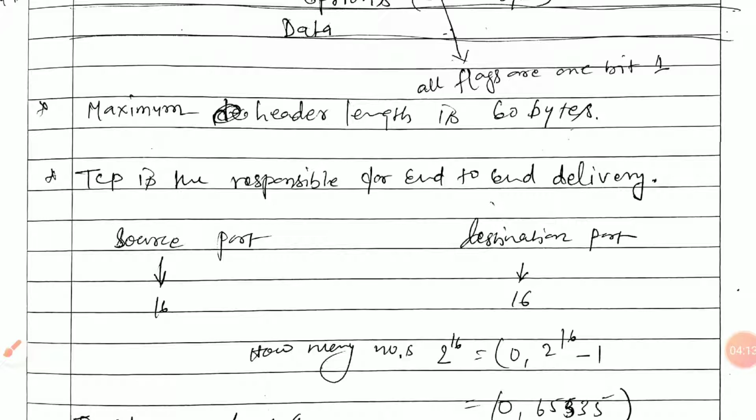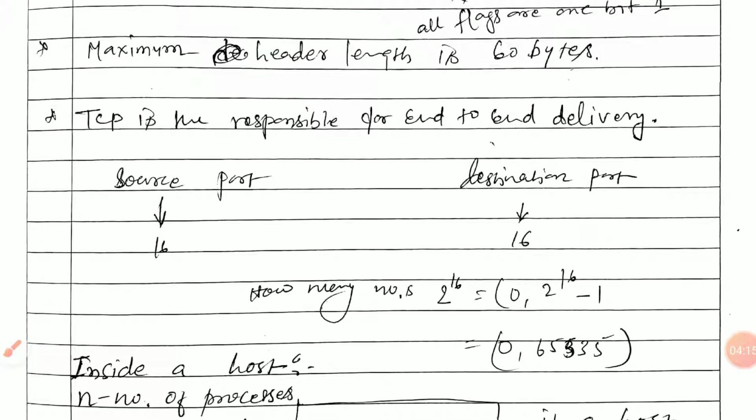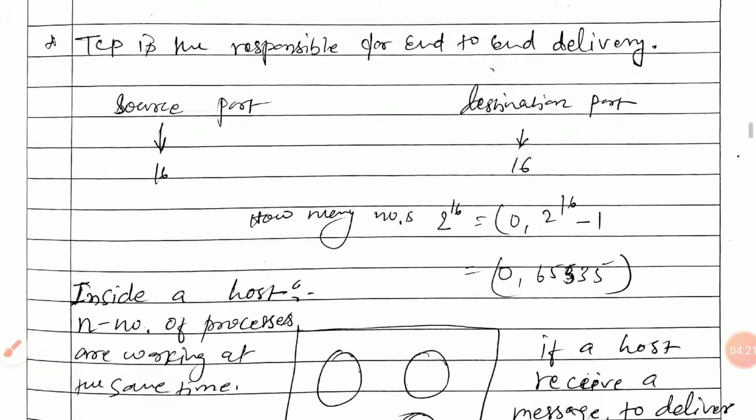The port number is a 16 bit field, and using these 16 bits, the range is 0 to 2 to the power 16 minus 1. This is the range of the port number.